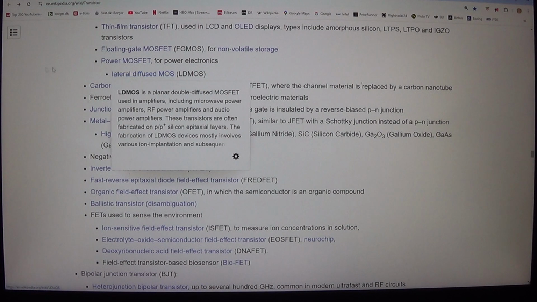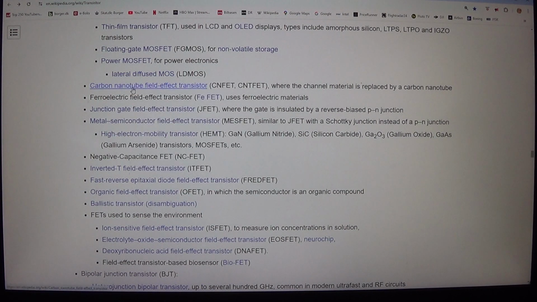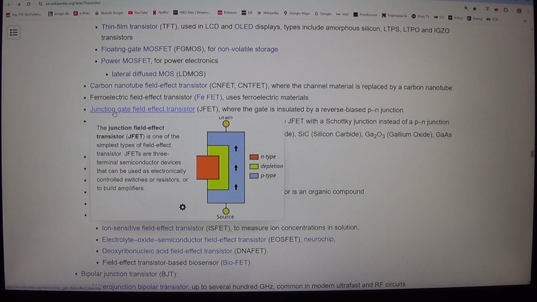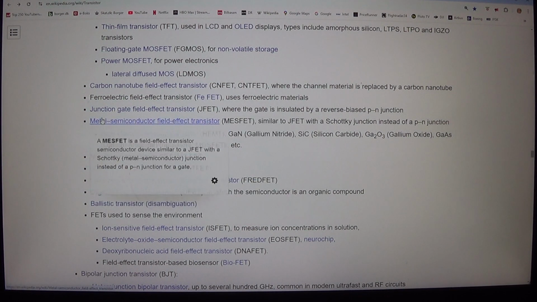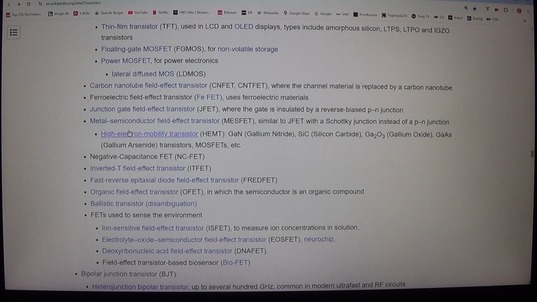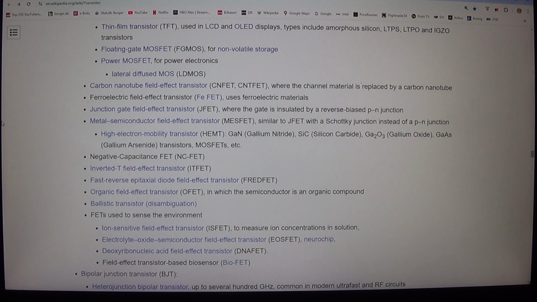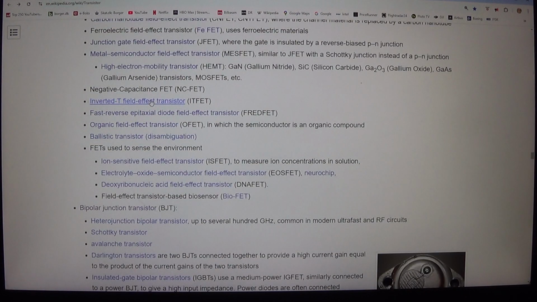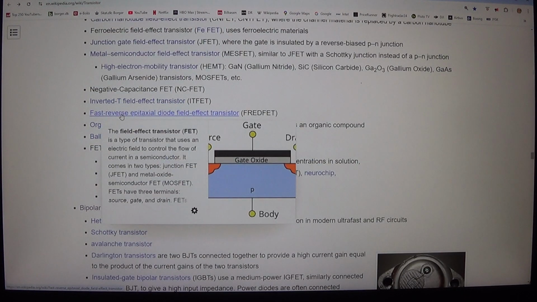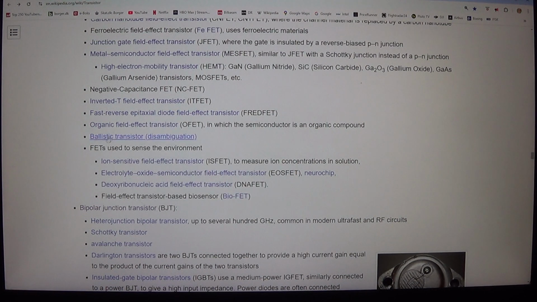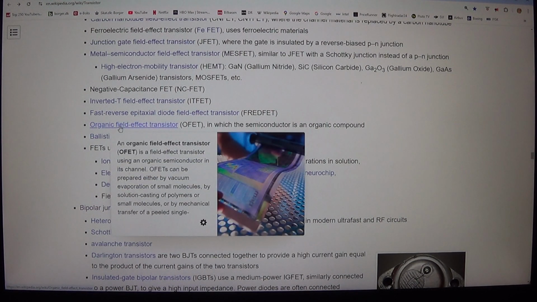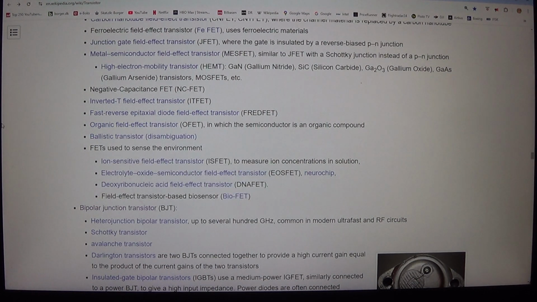2. Carbon nanotube field effect transistor, CNTFET, where the channel material is replaced by a carbon nanotube. 3. Ferroelectric field effect transistor, FeFET, uses ferroelectric materials. 4. Junction gate field effect transistor, JFET, where the gate is insulated by a reverse biased PN junction. 5.